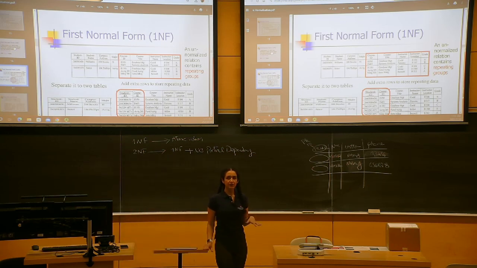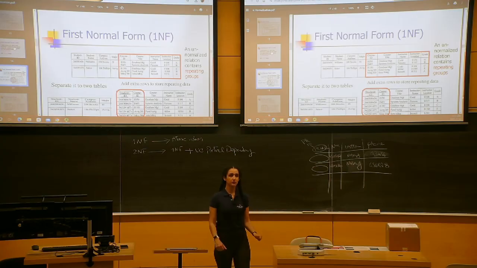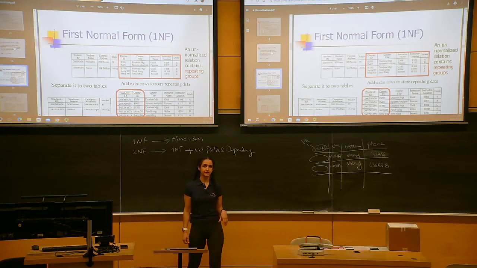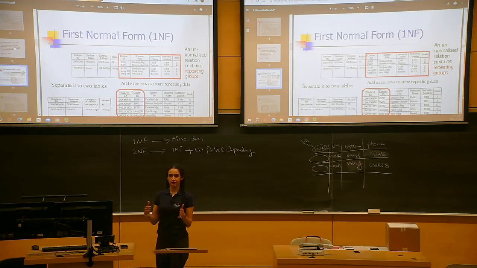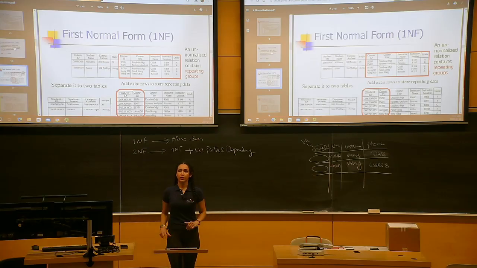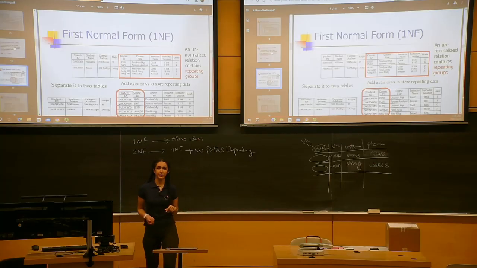For all types of dependency that we discuss in this class, you always check the primary key. When you want to identify the type of dependency, it depends: is it between a non-key column and a primary key column, or is it between non-primary key columns? That defines whether it's partial or transitive. So now let's talk about partial dependency. What is that?